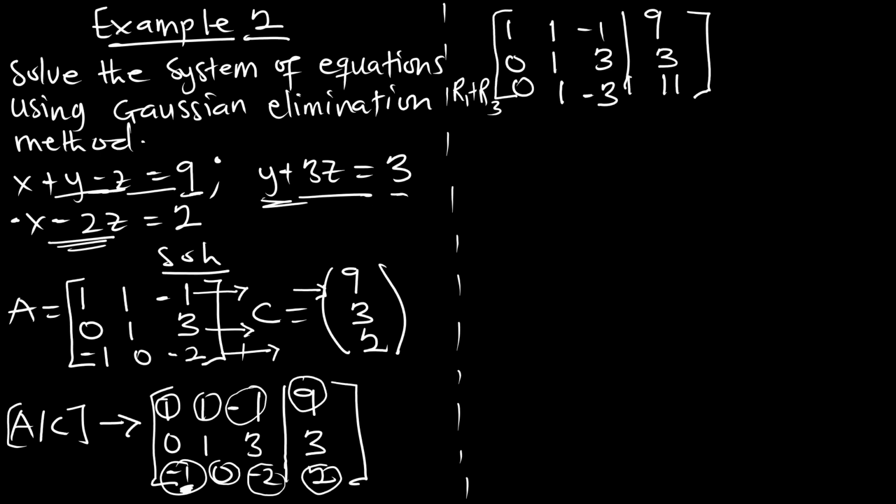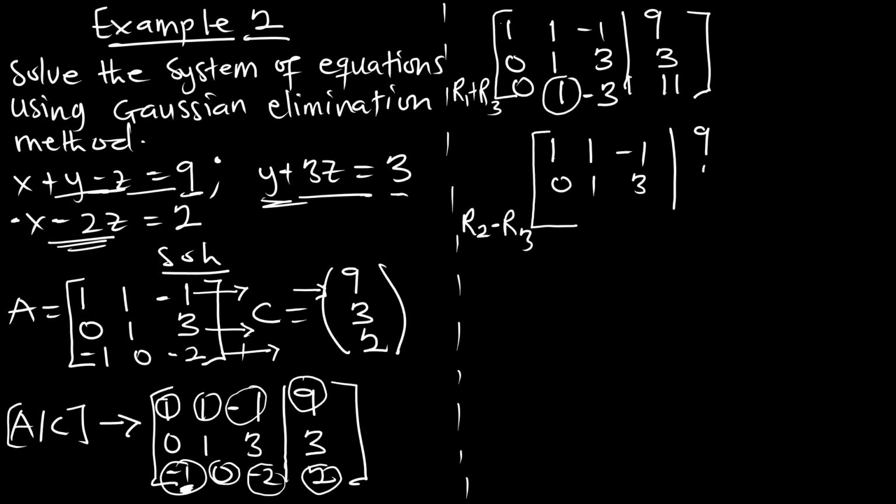I also want to turn this part to 0 so that this principal diagonal will be 1. So now I'll apply another rule to row 3, which says row 2 minus row 3. Meaning row 1 is still the same, 1, 1, negative 1 by 9. Row 2, 0, 1, 3 by 3.